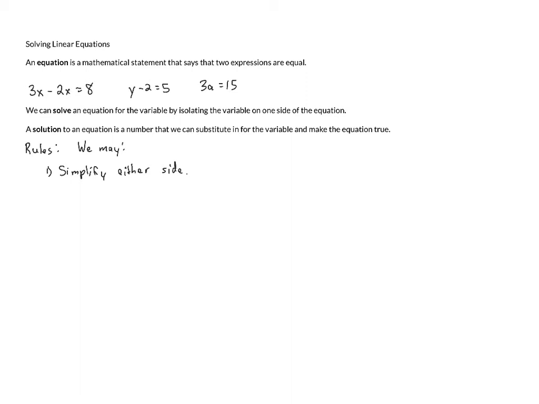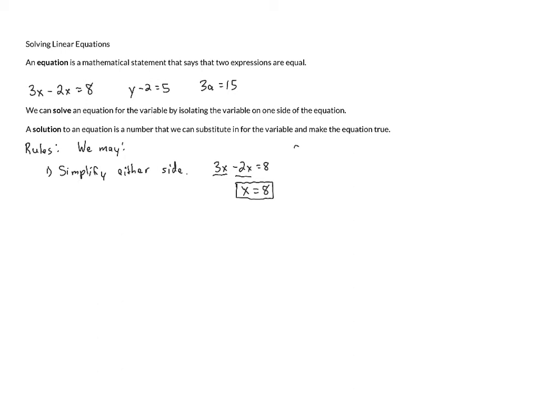For example, if we have 3x minus 2x equals 8, on the left-hand side we have like terms and we can combine those. 3x minus 2x equals x, and so this equation becomes x equals 8, and that is our answer because we've got x isolated on one side. So the solution here is x equals 8.